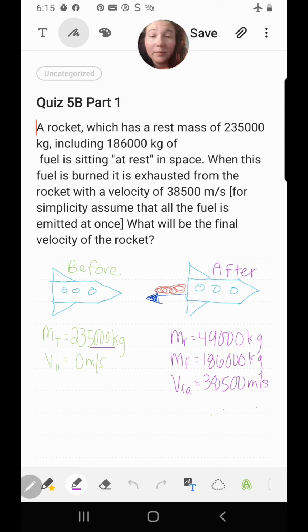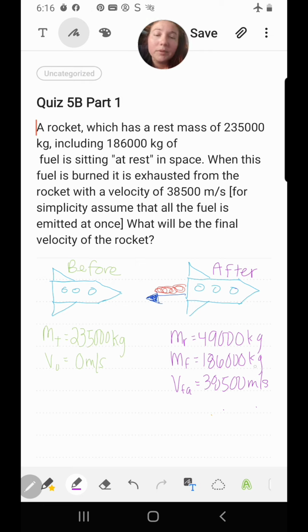Now, once an explosion occurs and the fuel has been ejected out of the rocket and propelled the rocket forward into space, we have two separate masses. The mass of the rocket, which is 49,000 kilograms, and then the mass of the fuel, which is 186,000 kilograms.